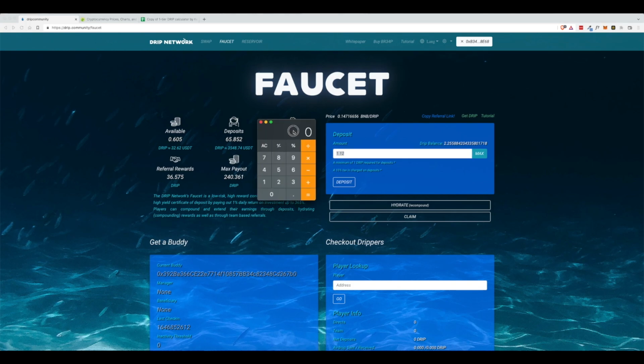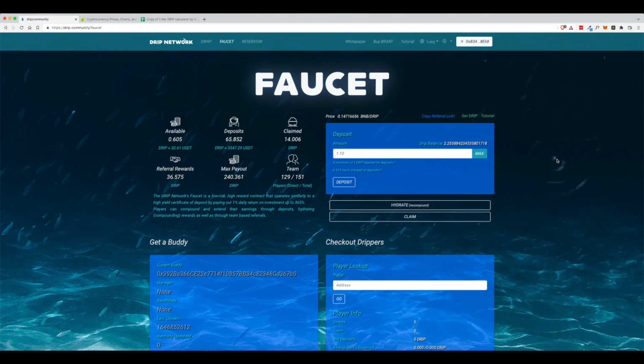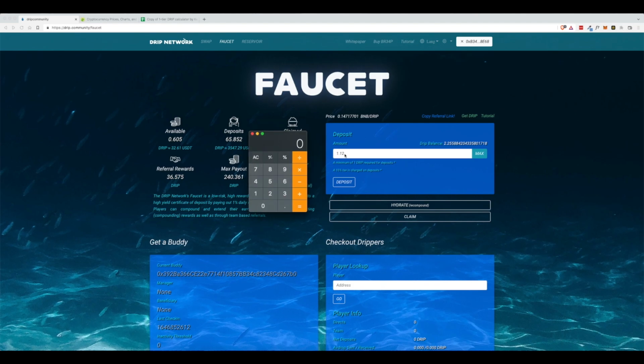So let's pull up my calculator. Let's say you were to come for the very first time today and deposit 1.12 DRIP tokens. You'd click on deposit, you'd pay the small like 35-cent fee or whatever with the BNB token, and those deposits would then show up here in your account. But when you deposit this 1.12 DRIP tokens, you are charged a 10% tax. That tax is taken out of your deposits, and so it will show you whatever you deposit minus 10% right here.